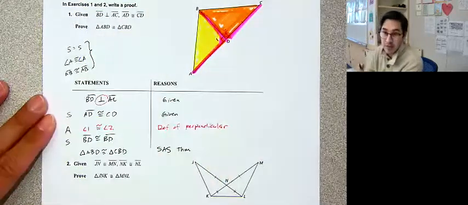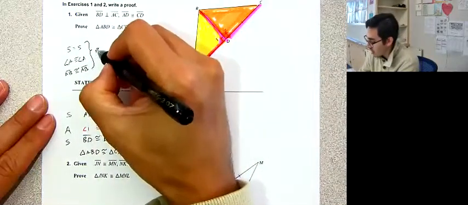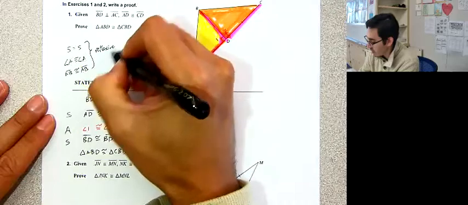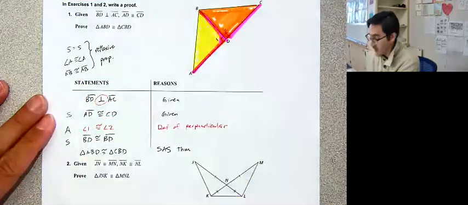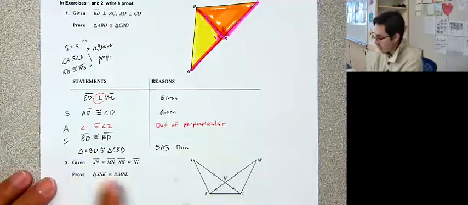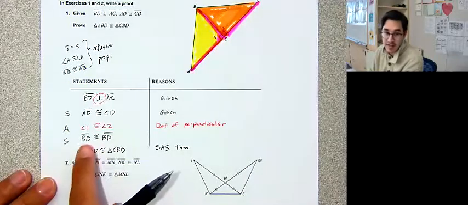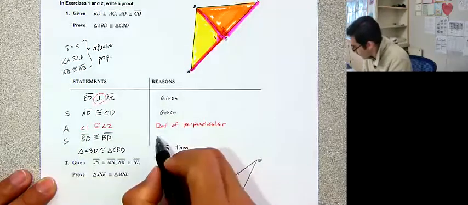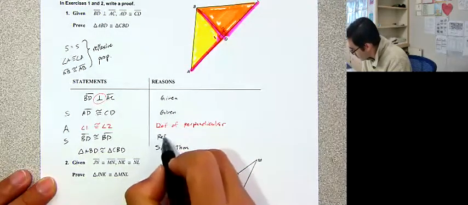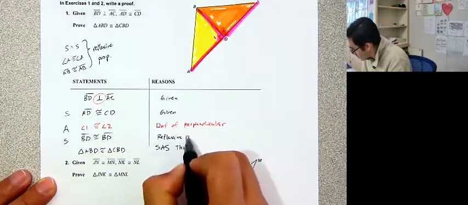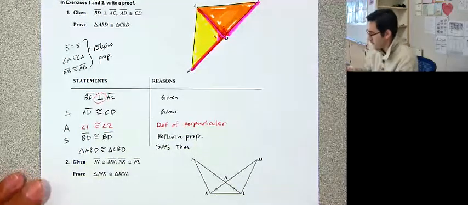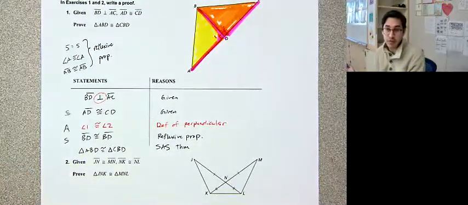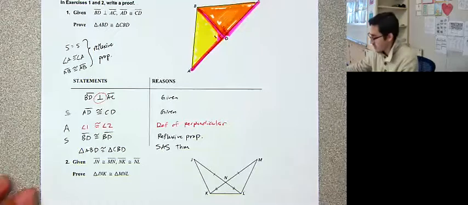So whenever we're saying that something is equal to itself or something is congruent to itself, what we're using is the reflexive property. Right. And we can use that right here because all we're saying is that a segment is congruent to itself. And that's pretty much our proof. It's about 5 lines.